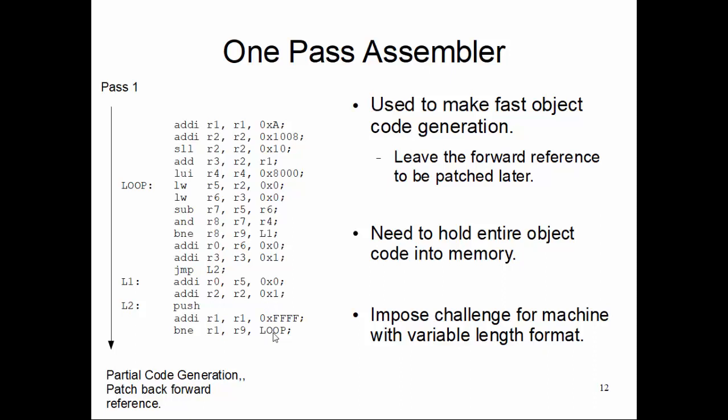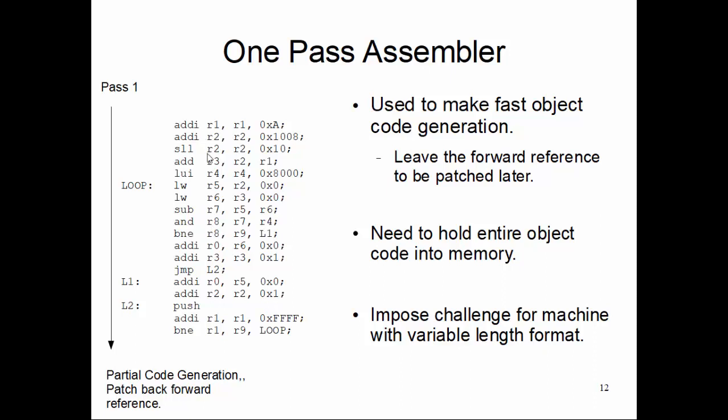Now, if we assume that we are holding the machine code in the primary memory, then it is easier. As soon as L1 is defined, I can go back to the memory position of that instruction, BNE R8 R9 L1, and patch up that part of the code with a newly generated machine code to really translate this specific instruction.